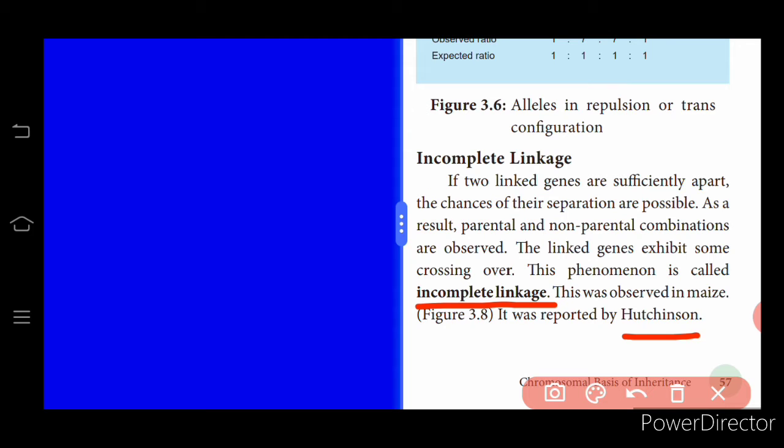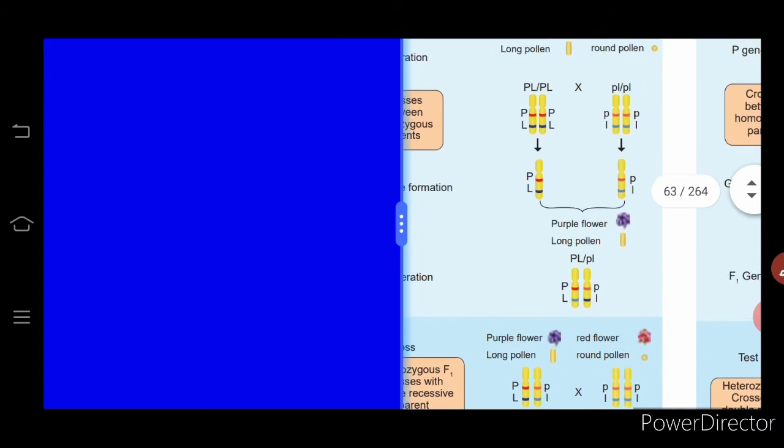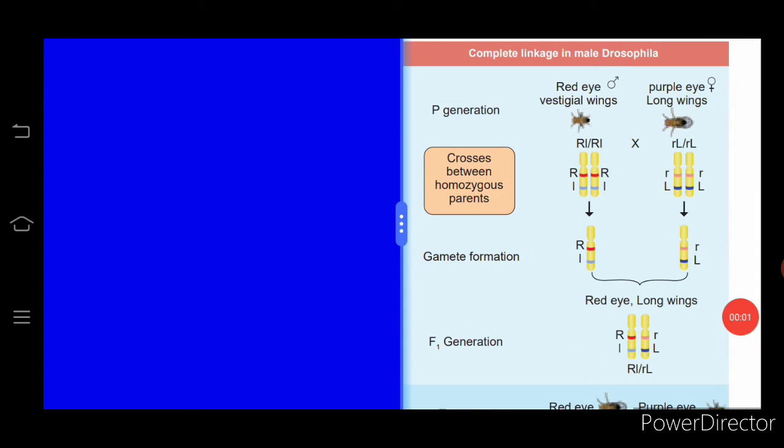So we shall learn about the same with the help of the experimental flowchart. Here you can see, as we learned complete linkage in the case of male Drosophila, you can read the experiment that is being done.